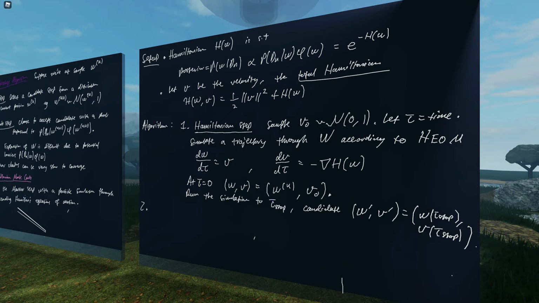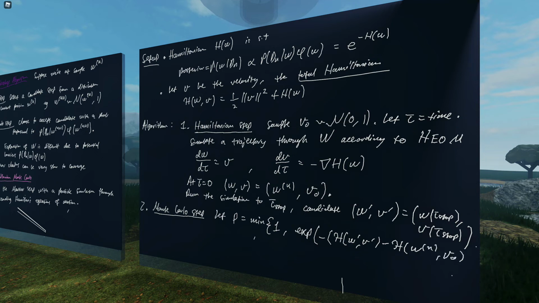Number two, the second step, is again the Monte Carlo step. So this again just adds the natural stochasticity so that it isn't just glorified stochastic gradient descent. We let P be equal to the minimum of 1 and the exponential of negative the total Hamiltonian of the new candidate minus the total Hamiltonian of the old position.